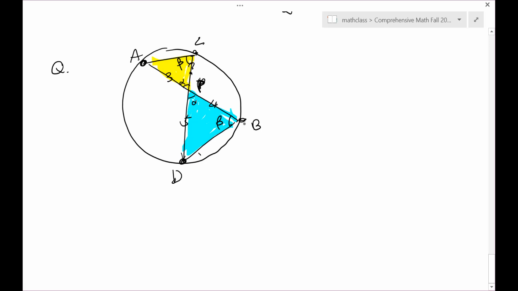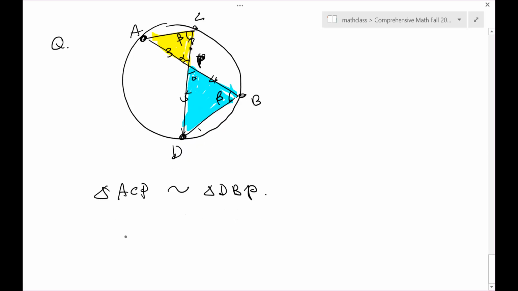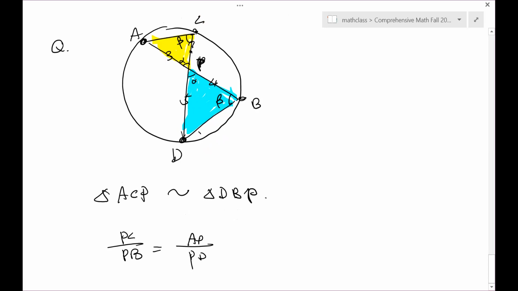So B corresponds to C. The triangle ACP is similar to the triangle DBP. When they're similar, PC corresponds to PB, so PC over PB should be equal to AP over PD.